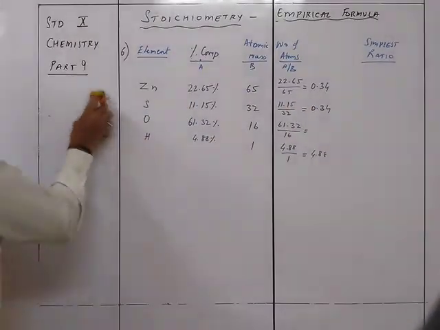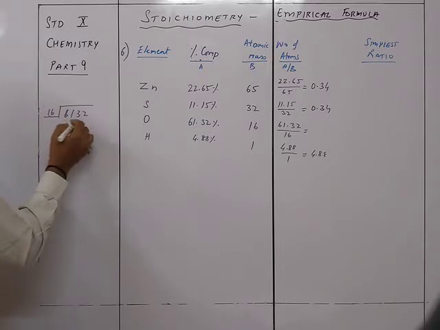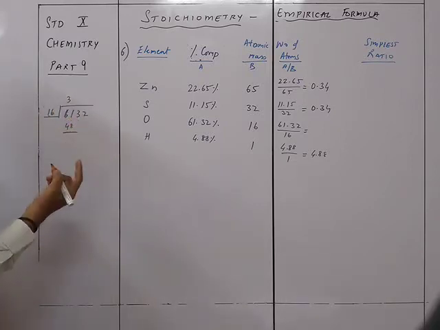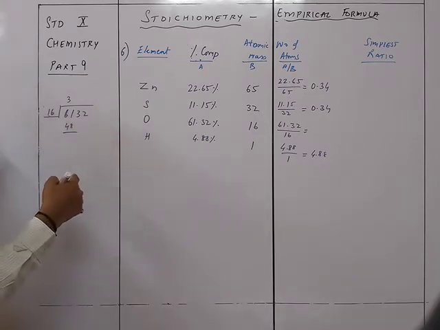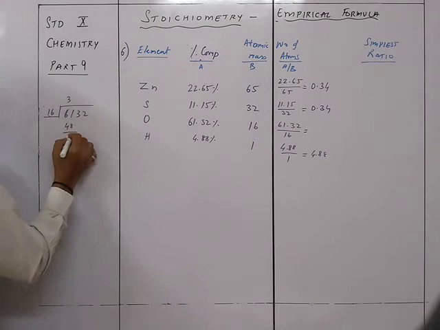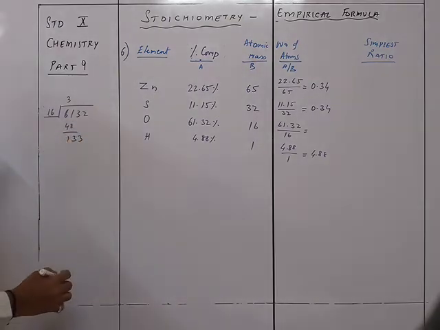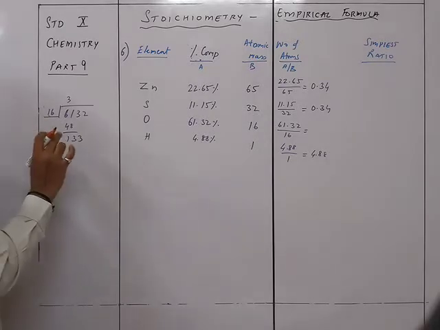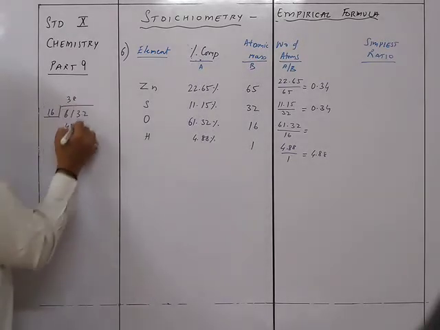The next one will be 6132 upon 16. 16 times 3 is 48. Again there is a chance of 34. Yes, 48. So this will be 133, so 16 times 8 will come. 16 times 8 is 128.